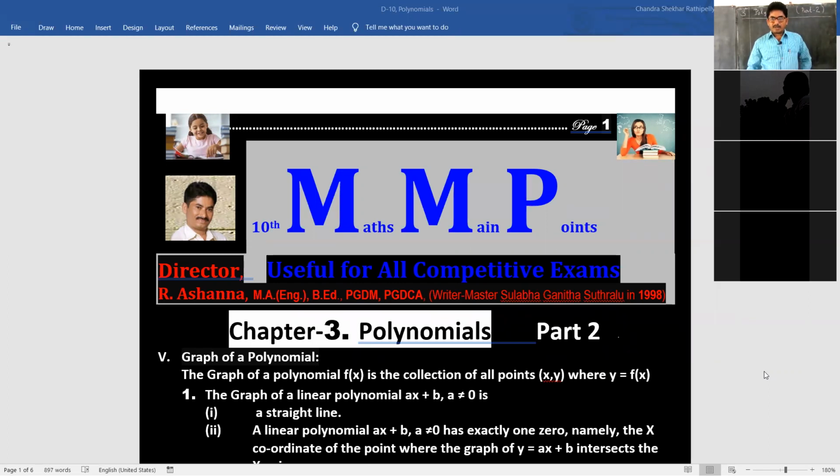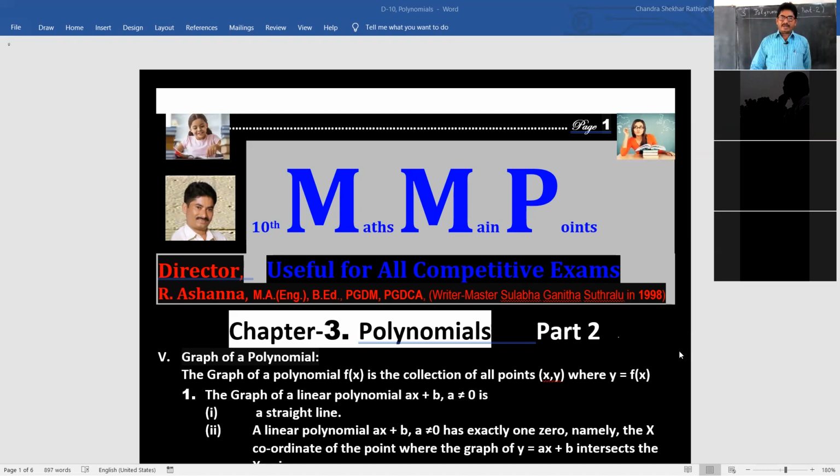A polynomial of degree 0 is called dash polynomial. Constant polynomial.